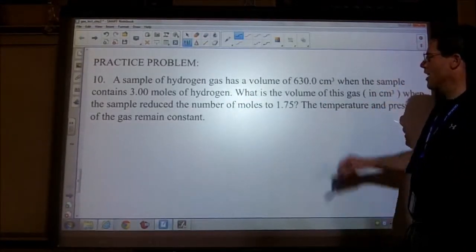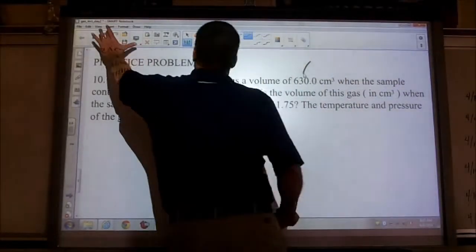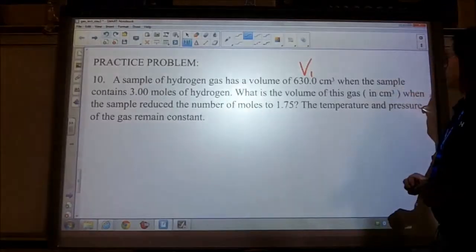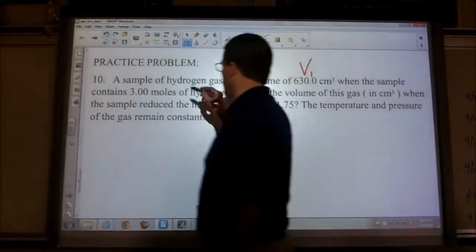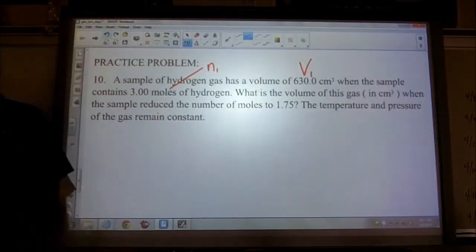A sample of hydrogen gas has a volume of 630 centimeters cubed. When the same sample contains 3 moles, that would be N1. Now again, remember, have we talked about number of moles? N? I don't remember doing that. Okay.